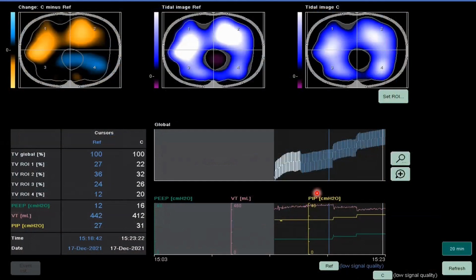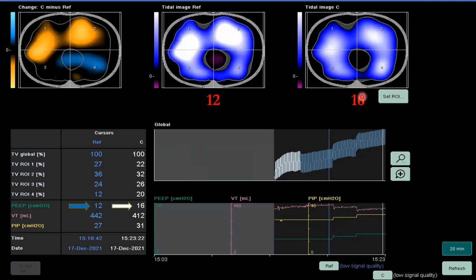So for this one here, we have a PEEP of 12 and a PEEP of 16. Over here with the PEEP of 12, again, you see that there's a majority of the ventilation going to the ventral regions. Once we increased the PEEP to 16, we had an improvement, especially in the left dorsal region. So this trapped air here was able to better distribute towards the dorsal region with the PEEP of 16.